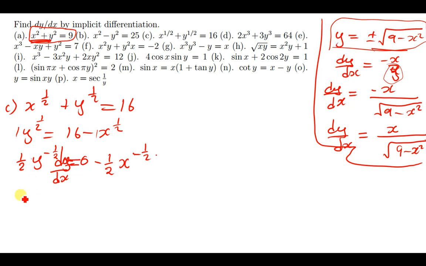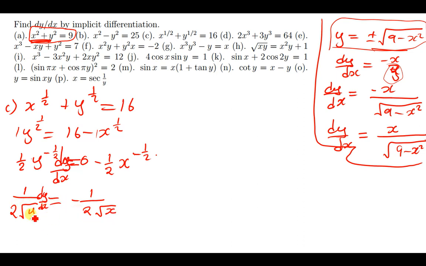So this will be 1 over 2 root y, because any letter or any number raised to the power half is just the same as the square root of that number. So the root of y, and this will be equal to, this dy dx here, of course, and this side is also remaining with negative half, so let me say negative 1 over 2 root x.